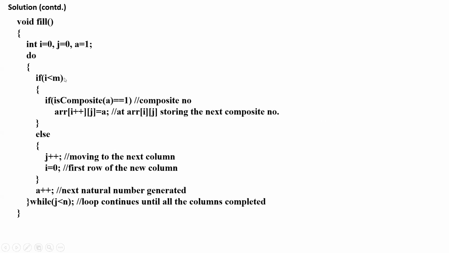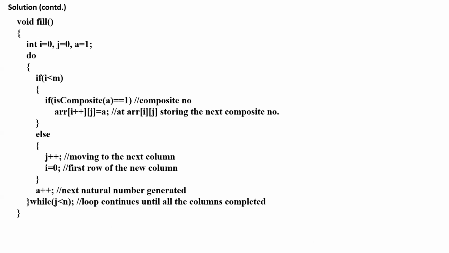So if i is less than m, that means the entire row is not reached for a particular column. Every time the composite function is checked with the number a, and if it returns 1, the composite number a is stored in arr[i][j] and i is incremented. That means it will go to the next row.